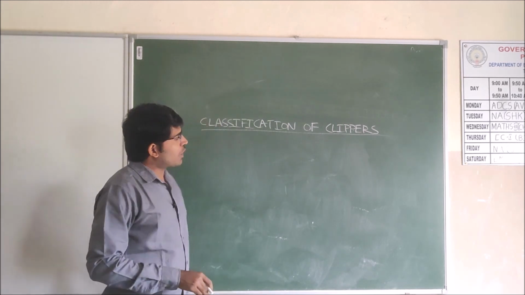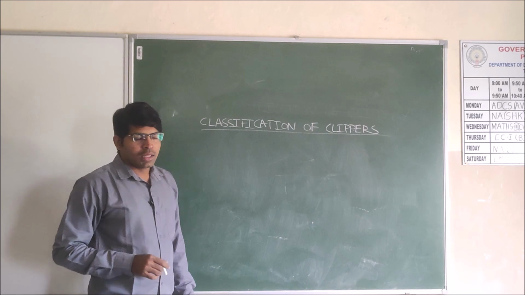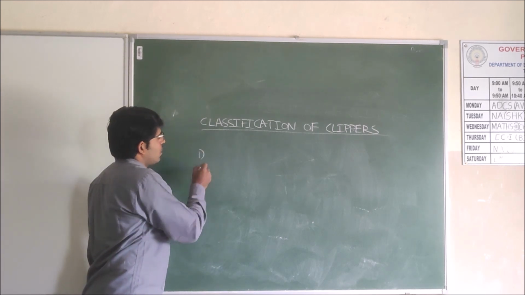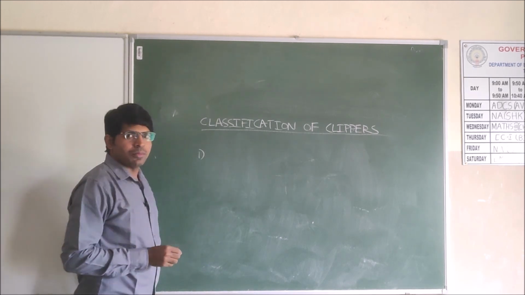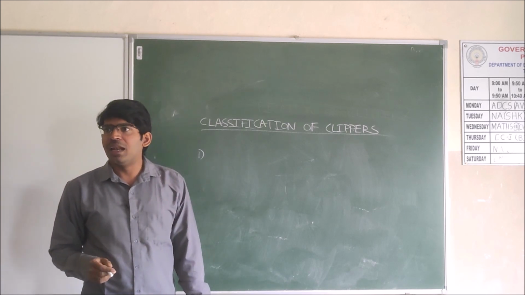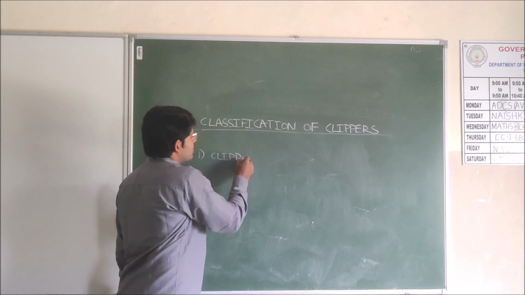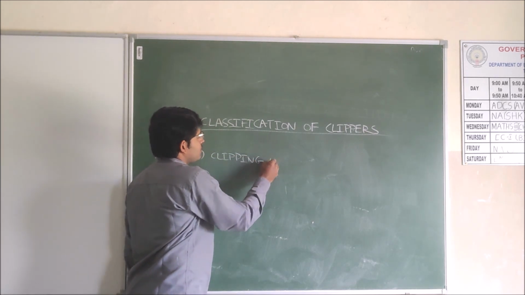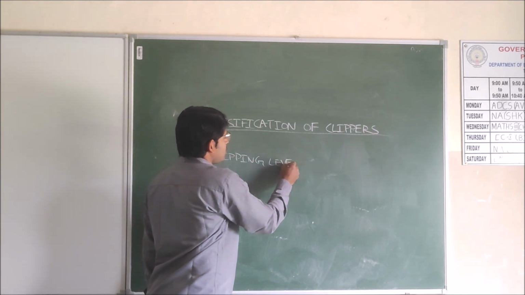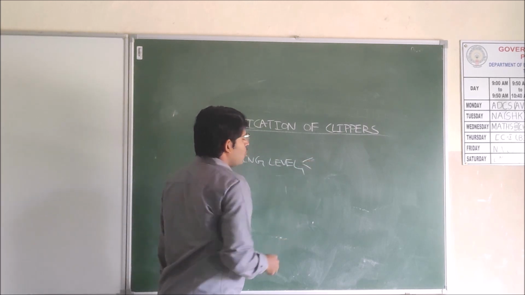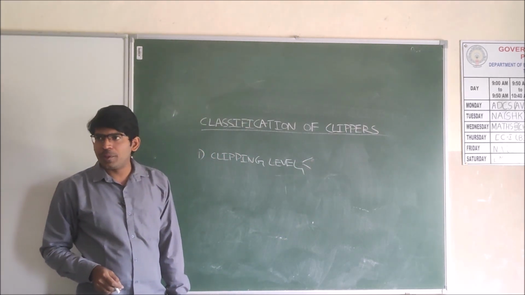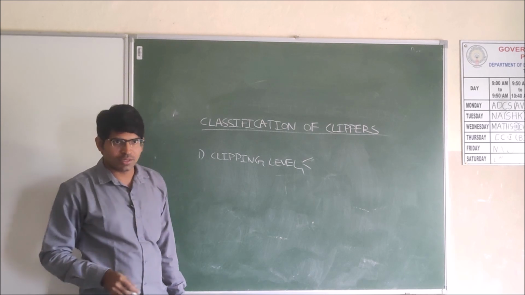Now we are going to classify the clippers. First, the classification based on the clipping level: positive clippers, negative clippers and double-ended clippers.